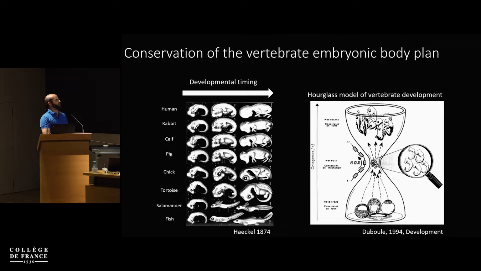So Denis in 1994 proposed this hourglass model, where a constraint on the mechanism, namely in what he proposed the collinearity of Hox genes, forces the embryo to undergo a very similar morphology, which will then diverge as species get different.